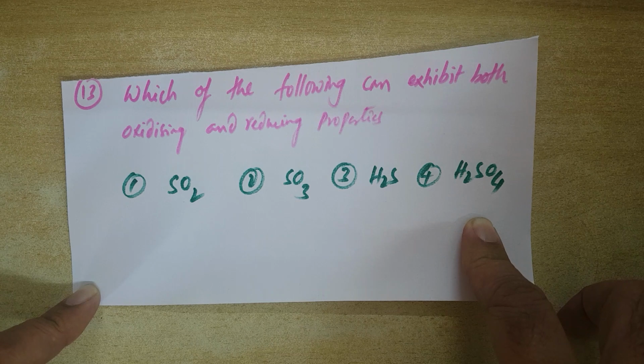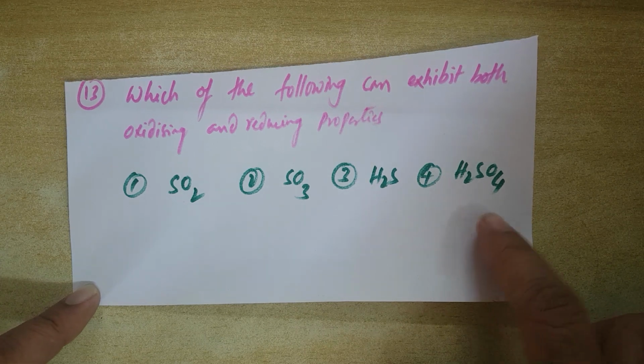So try to get the concept again. An element in its highest oxidation state only undergoes reduction, acting as an oxidizing agent. In its lowest oxidation state it only undergoes oxidation, acting as a reducing agent. In an intermediate oxidation state, it can participate in both oxidation and reduction, acting as an oxidizing as well as reducing agent.